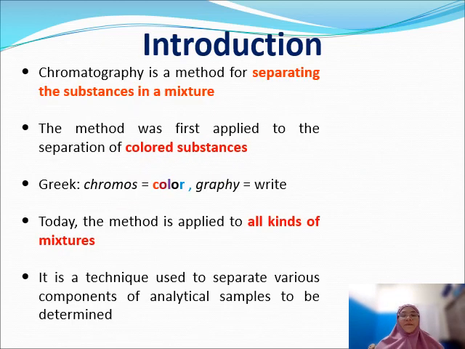Okay, and to separate the substances in a mixture, the chromatography separates them by color. Okay, chromos is color, graphy is write, okay, to write the color and to separate the colors. Okay, and this method can be applied to all kinds of mixtures.